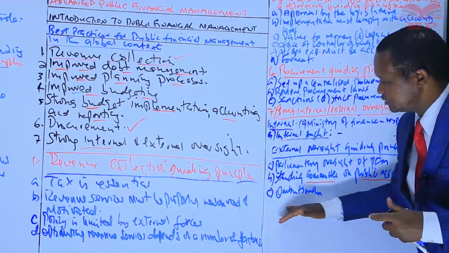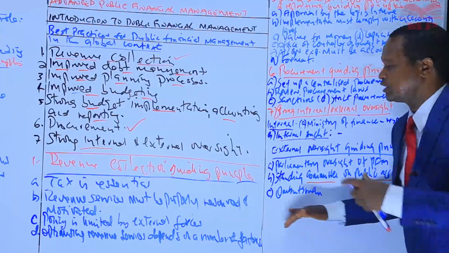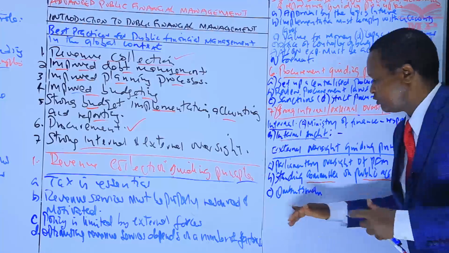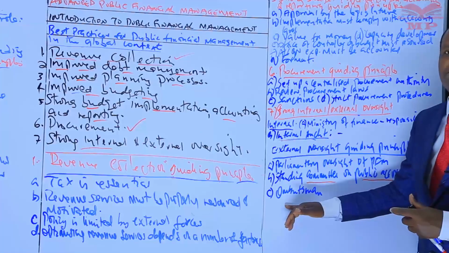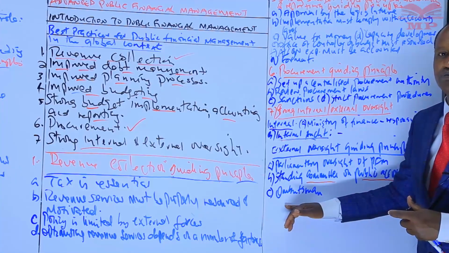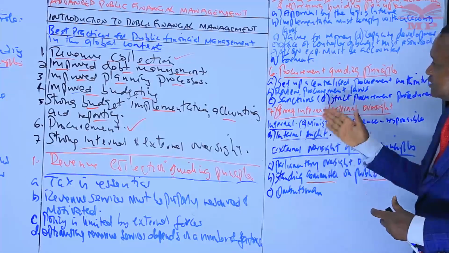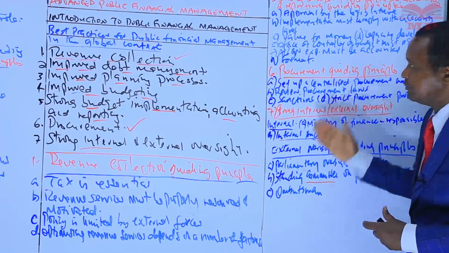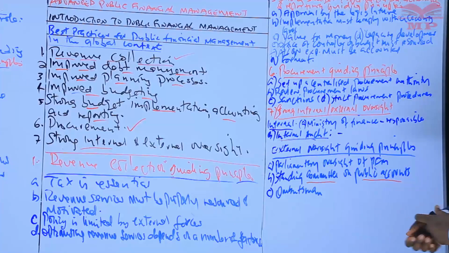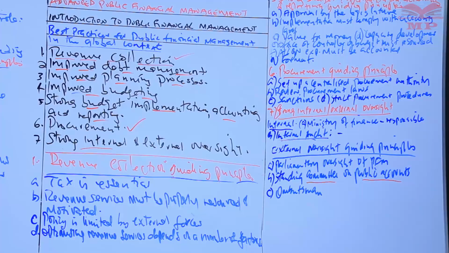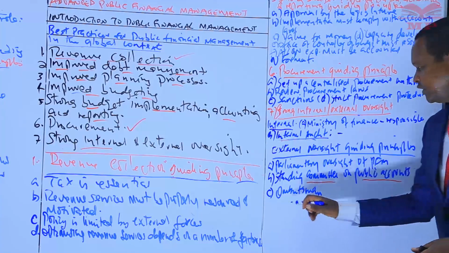This office is used by the members of the public to submit their complaints in public financial management. Do you understand? These are best practices in public financial management in a global context. Office of the Ombudsman.